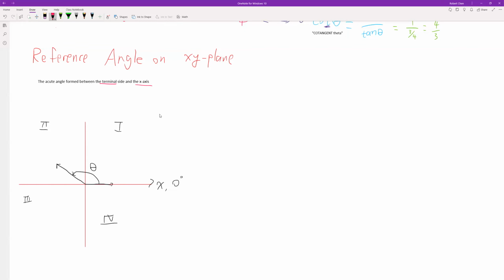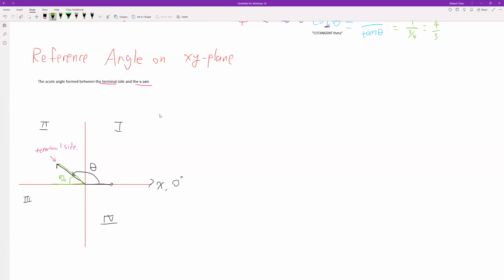So the terminal side is the stopping side from rotating to create the angle, right? So we rotate from the positive x-axis to this part where the pink arrow is pointing. So this is where your terminal side is. Okay, and the reference angle is going to be the acute angle formed between the terminal side and the x-axis. So in this case, we have to look at the negative axis in order to find the acute angle, and that's called theta r.